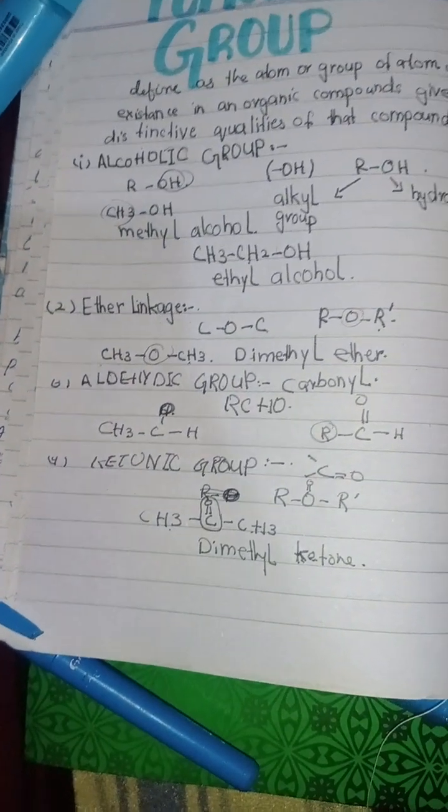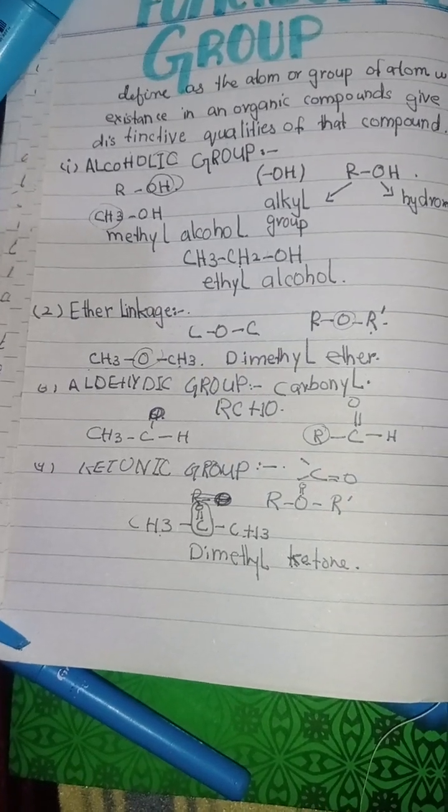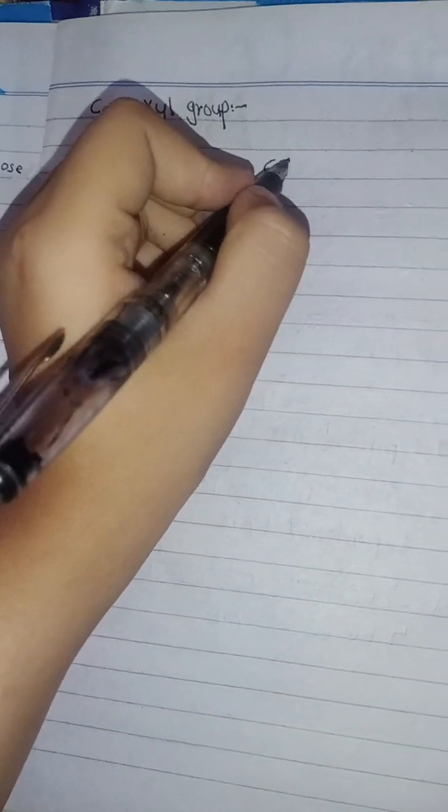Okay, so now moving towards another, that is the carboxyl group. The functional unit of the carboxyl group is basically like this.